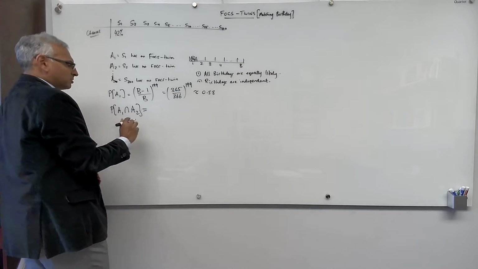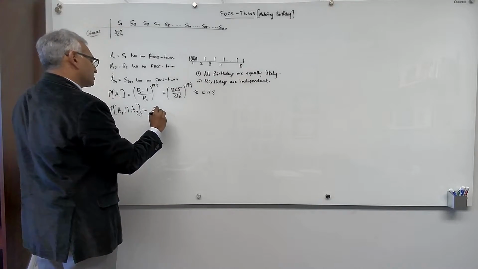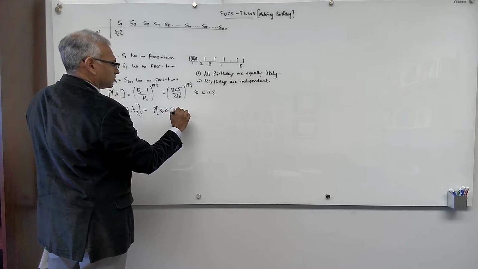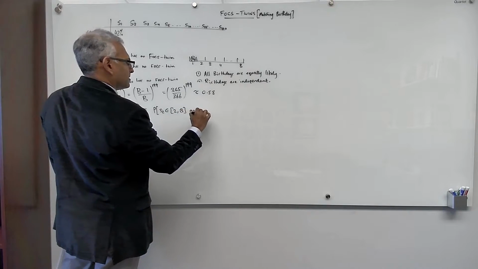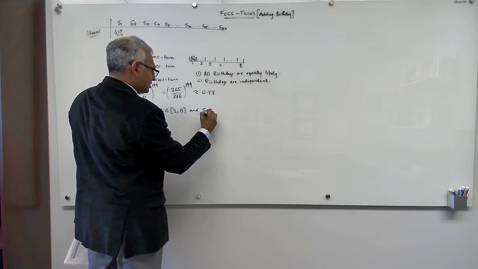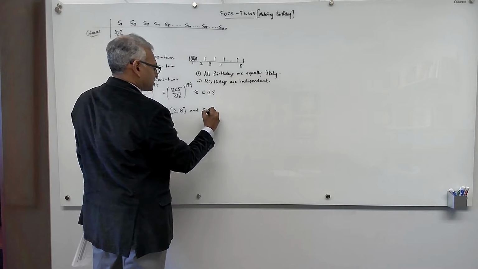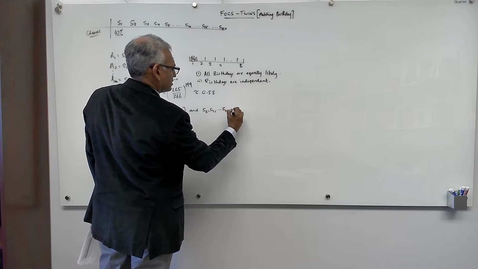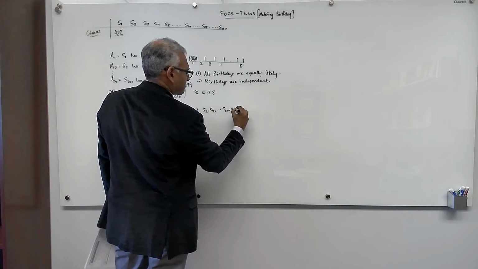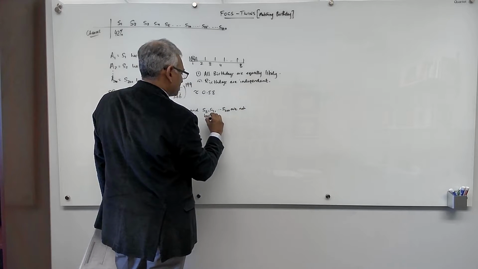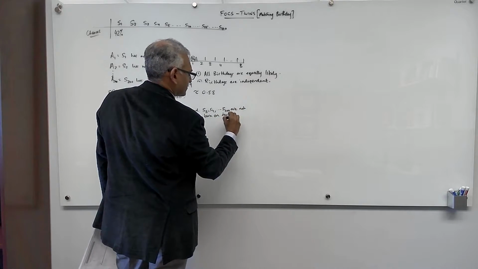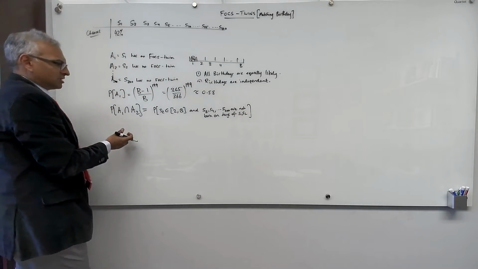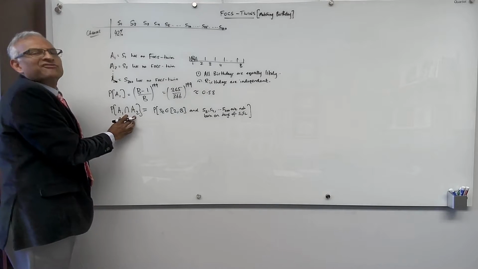So this is the probability that S2 is born on the days 2 to B, and S3, S4, all the way up to S200 are not born on the days of student 1 and student 2. That's the situation where both student 1 and student 2 have no FOCS-twin.